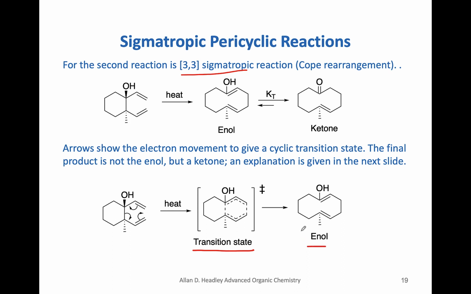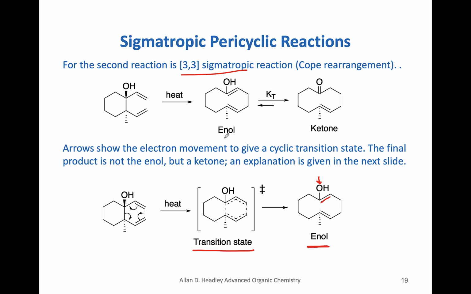I should point out, however, combining chemistries here, this molecule is known as an enol. So this is the en and the ol. We know from previous chemistry that the enol is not stable. It quickly tautomerizes to give the ketone, as shown here.